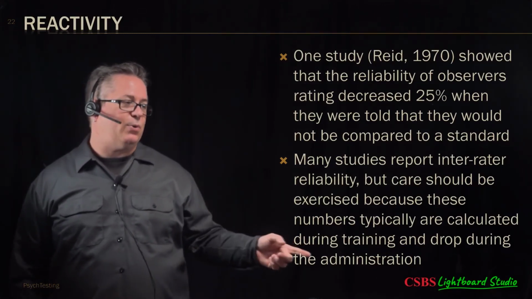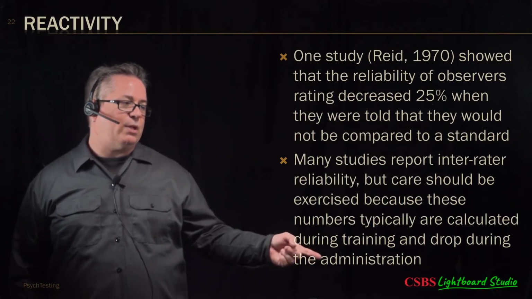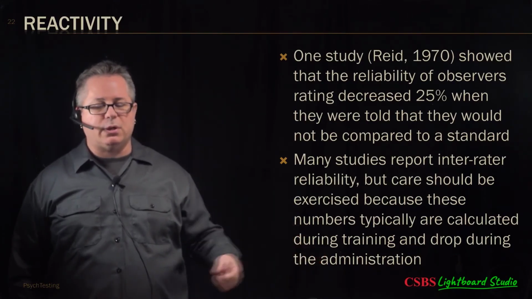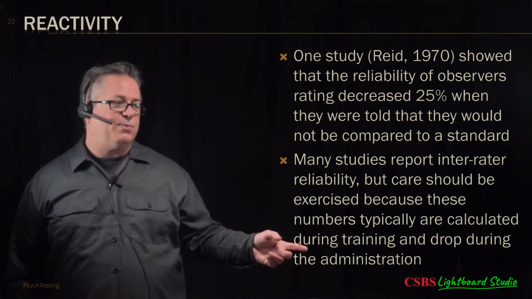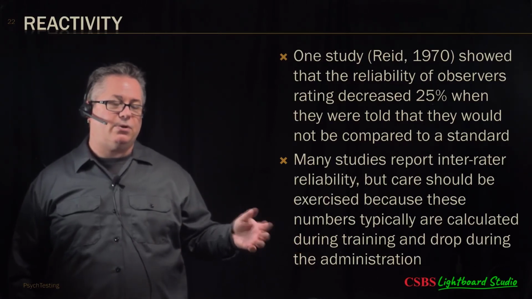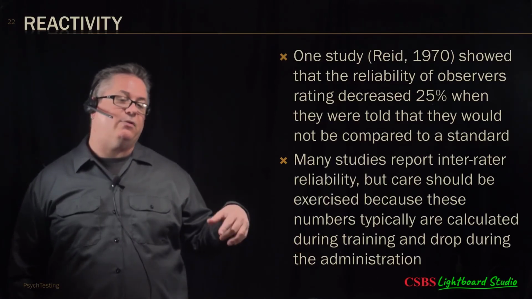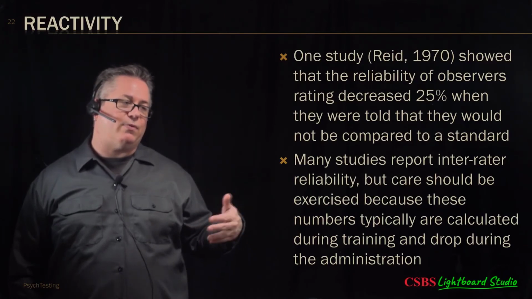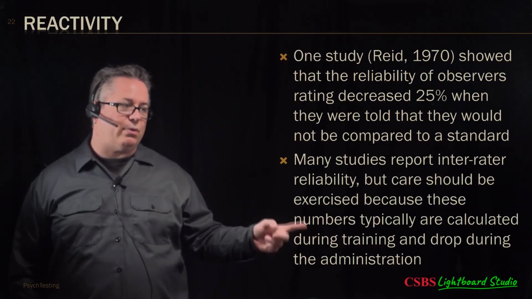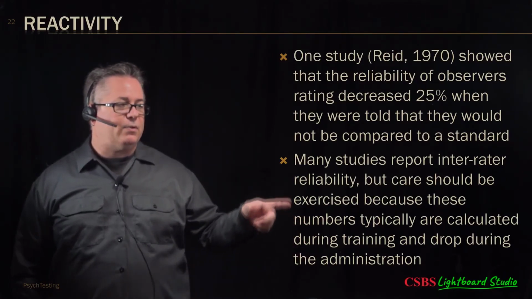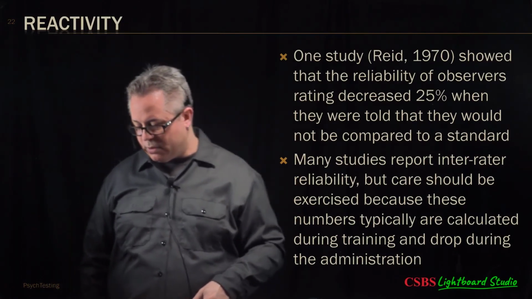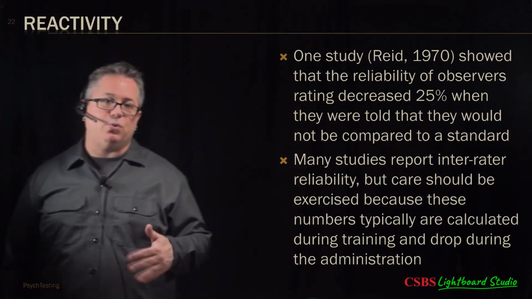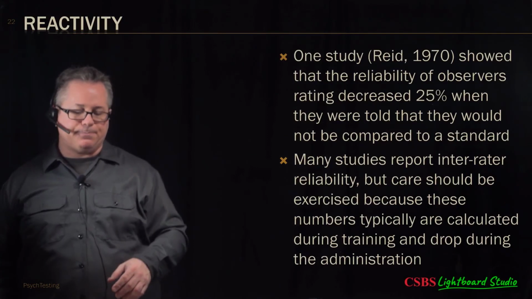And we know that when there's no trainer and no supervisor, their inter-rater reliability tends to drop and they tend to drift. And if people are drifting in different ways, it's going to lower their reliability. So they should really report what the inter-rater reliability was during the actual test and not just during training.